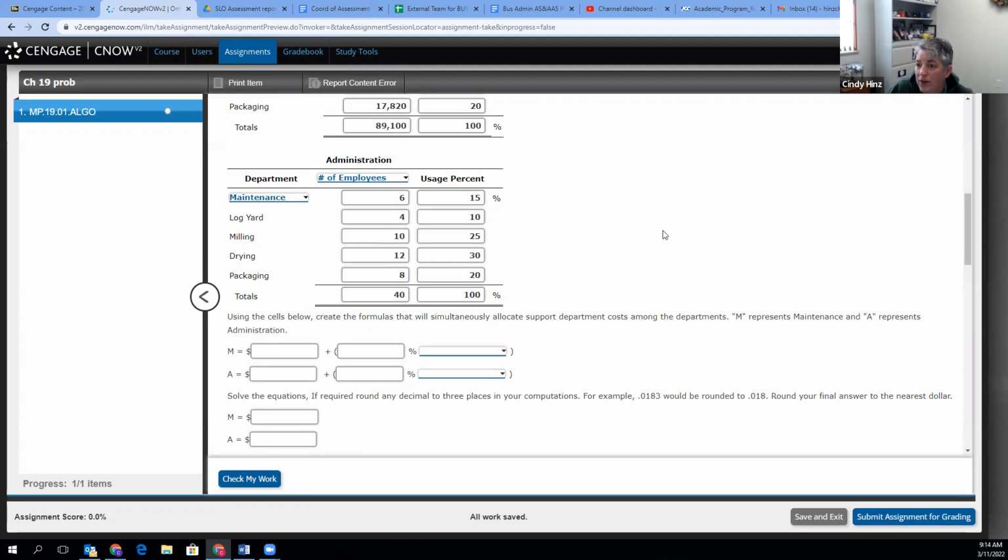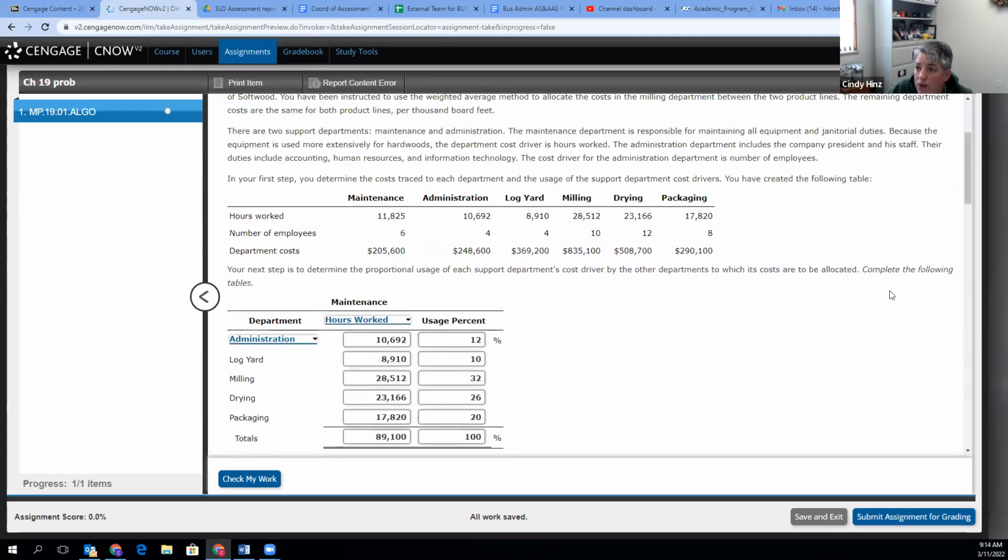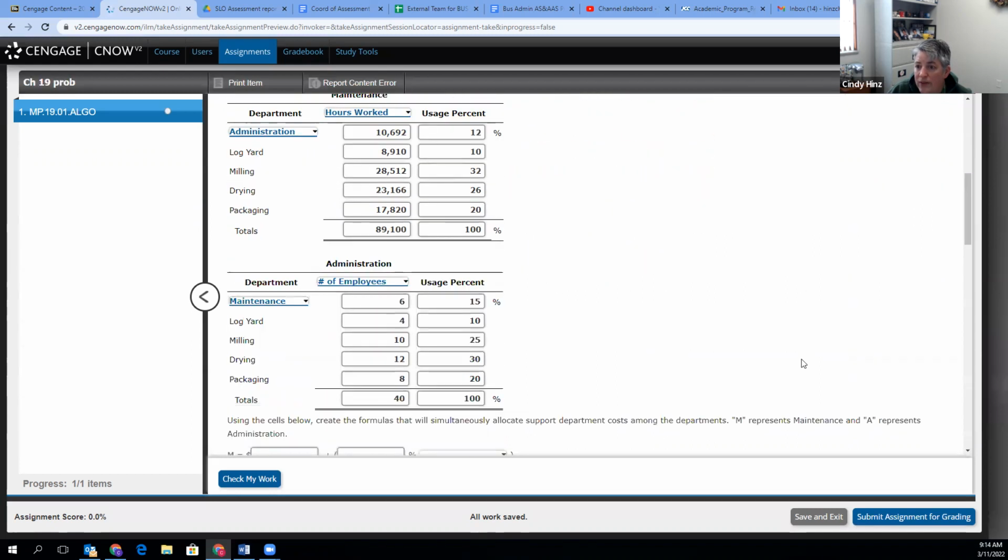With this, we are then ready to set up our formulas for finding how to allocate the maintenance total and the administration total. We have our maintenance department costs here of $205,600.